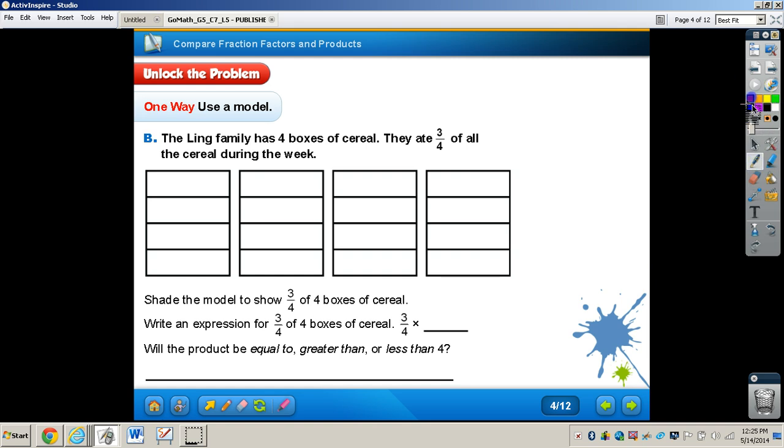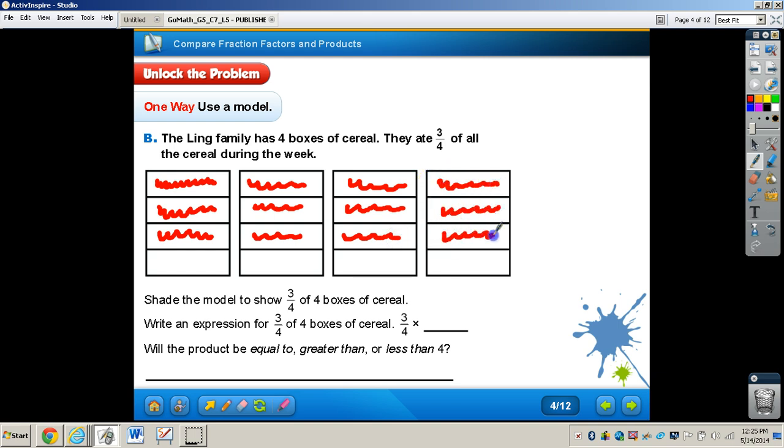That's the denominator. So we're going to shade in each one to show how much has been eaten. So 3/4 for this one, 3/4 for the second one. We'll continue to shade these all in so we can actually see 3/4 of 4.